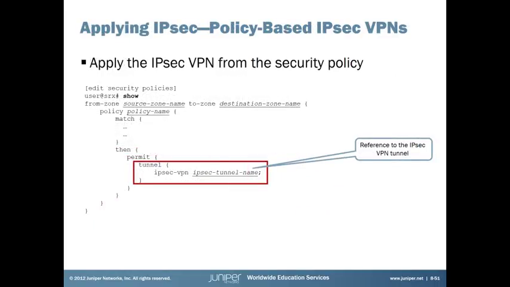Now we can go ahead and apply the VPN from the security policy, where we're going to direct traffic into the VPN based on a match criteria. So we could say if the traffic matches source address, destination address, application, then permit and direct it into an IPsec VPN.